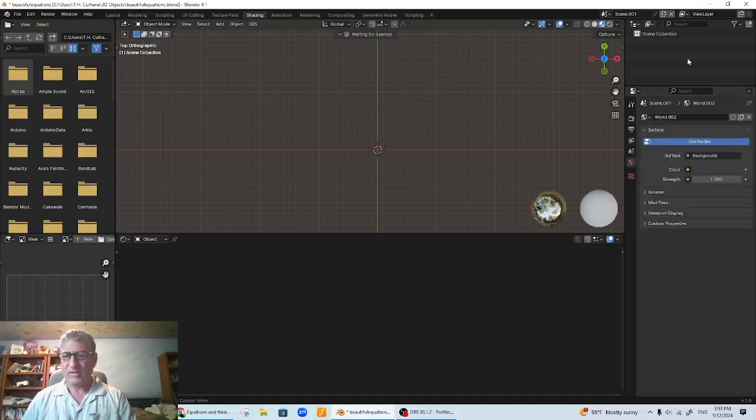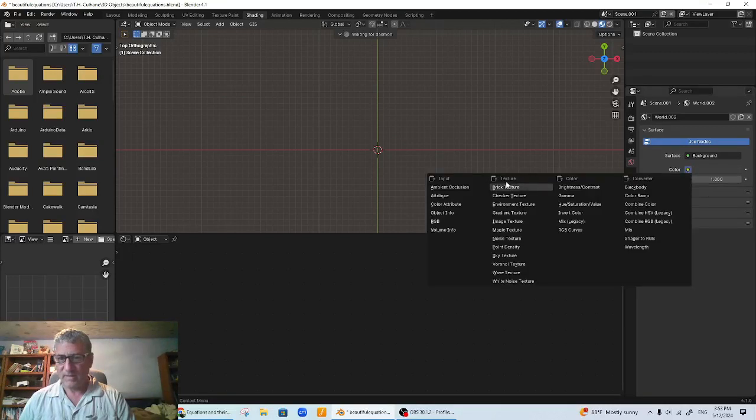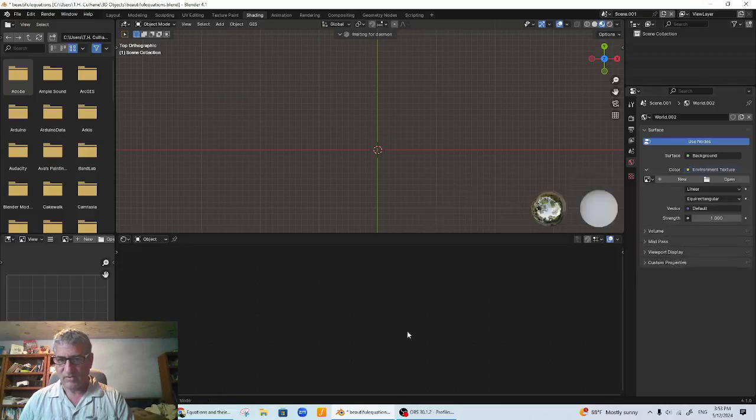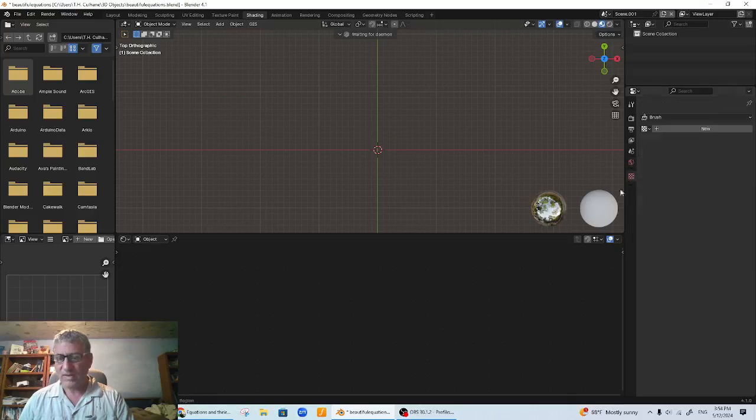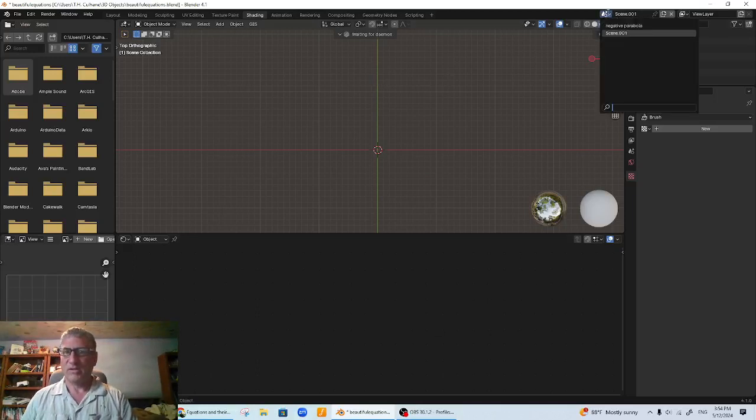Put in new shade. Use nodes. Okay. Does that help? Color. Let's do just a regular environment texture. No, it didn't do a darn thing. Isn't that interesting? So I ain't got nothing for this new scene.